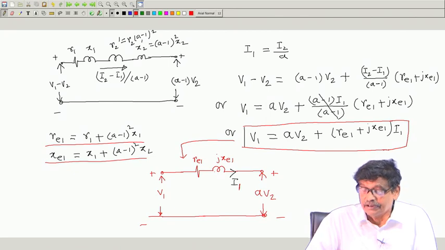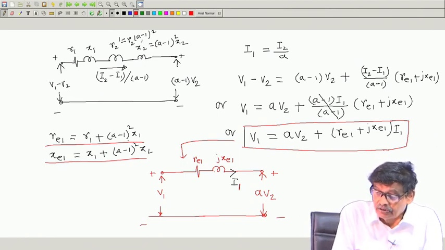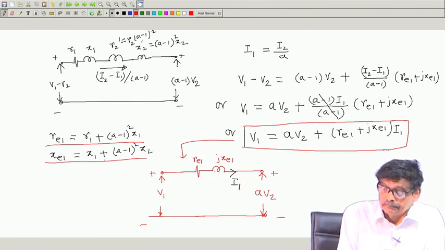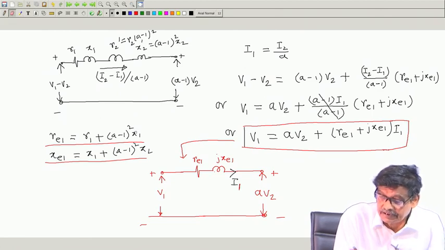But there is an important difference. What is that important difference? Okay, terminal voltage gets multiplied by A, A V 2, fine, but this R 2, I think I made a very basic mistake here.